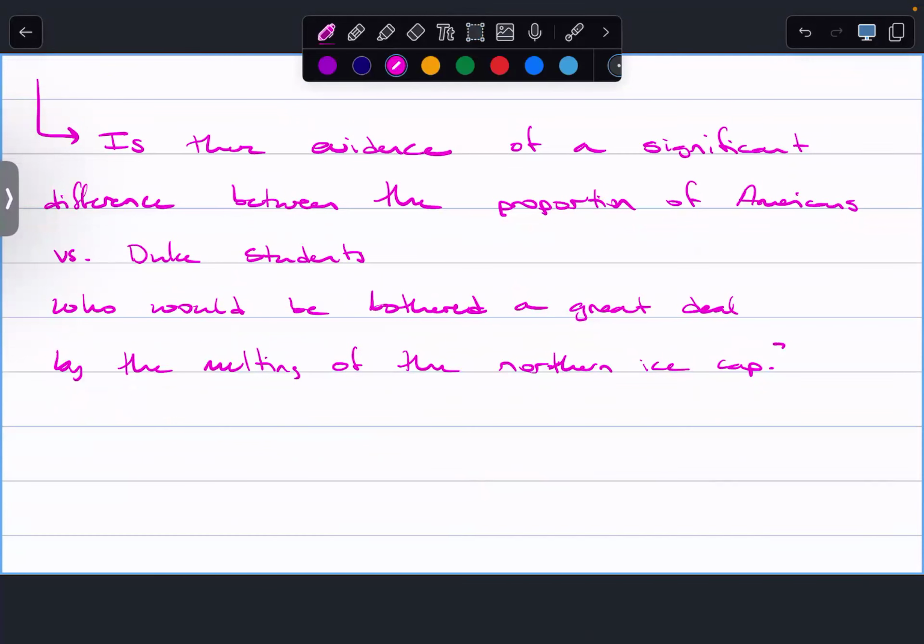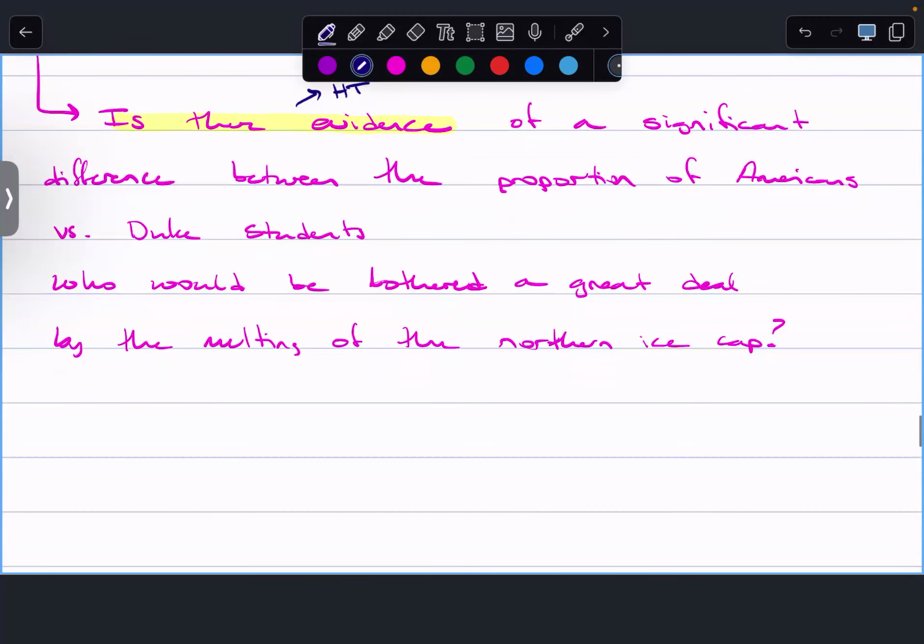All right. I guess this is a question. So now, if we want to know if there's a difference in the proportions, then for hypothesis testing, we have to remember that, okay, so first off, I guess I should highlight, is there evidence? Well, this tells me it's a hypothesis test, right? It's that subtle wording that requires a lot of work. And so what do I want to do?